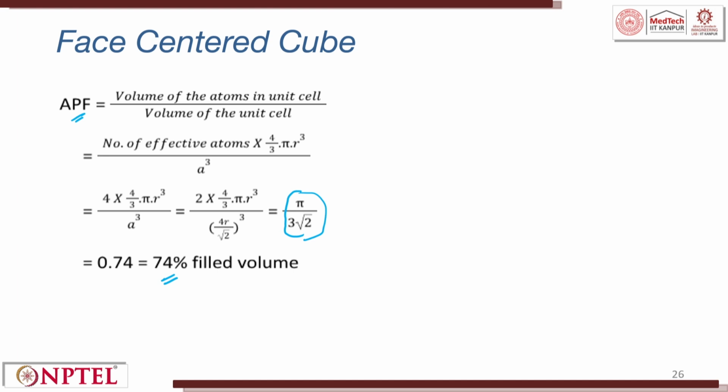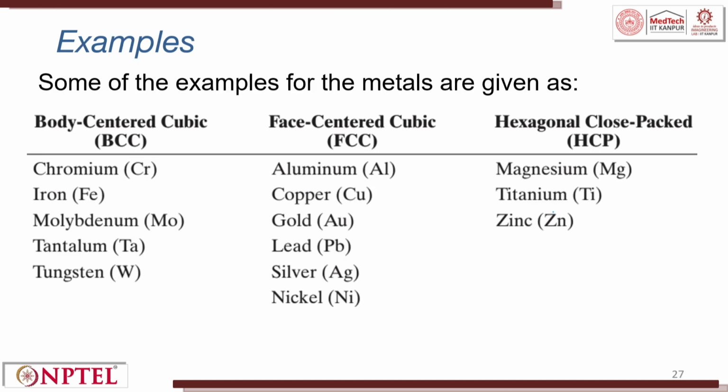Now let us see what are all the metals which fall under various cubic cells. In BCC, you will have chromium, iron, molybdenum, tantalum and tungsten, with 68% filling factor. FCC, you will have aluminium, copper, gold, lead, silver, nickel.